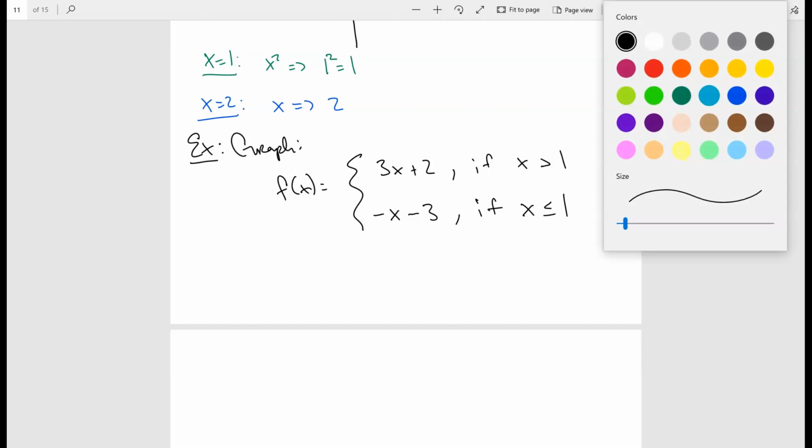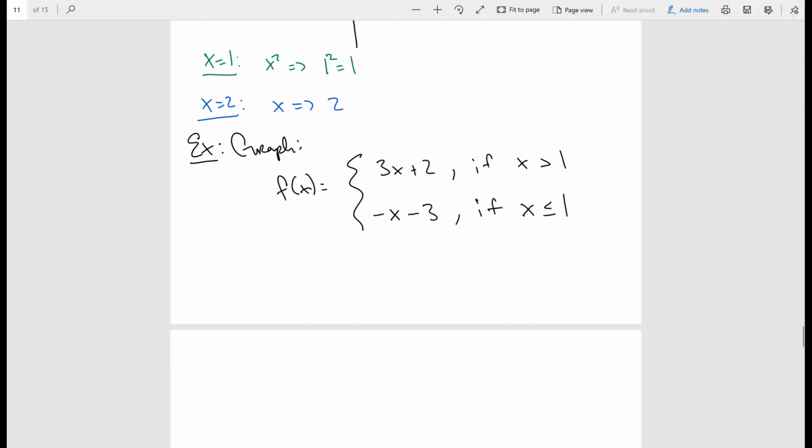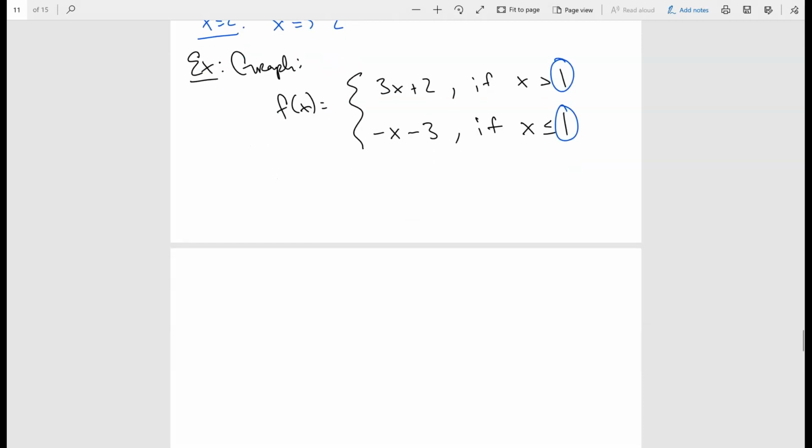Let's start off with where exactly these guys are breaking up. They're breaking up at 1. So I'm going to take the graph and look at 1. I'm going to set it up this way. In this direction, this is everything that's less than 1. And in this case, this guy is going to be everything that's greater than 1.